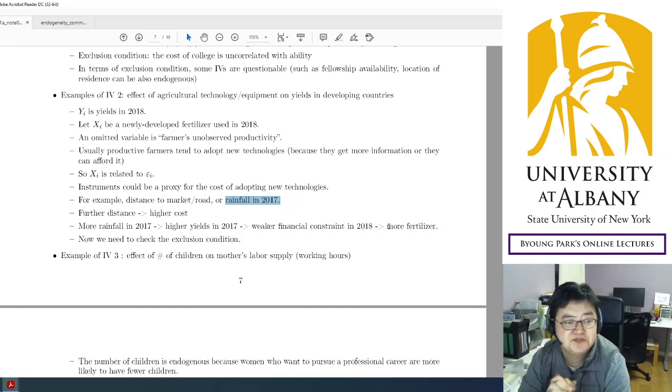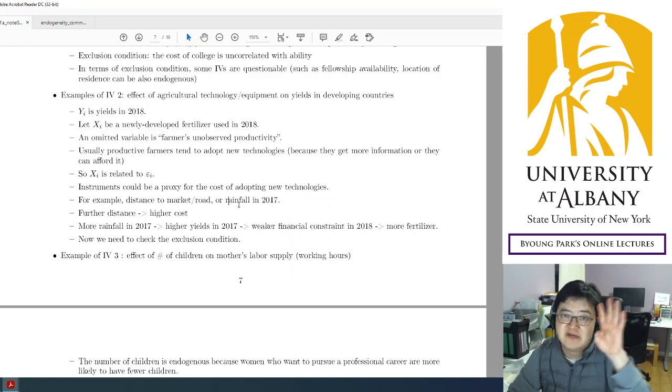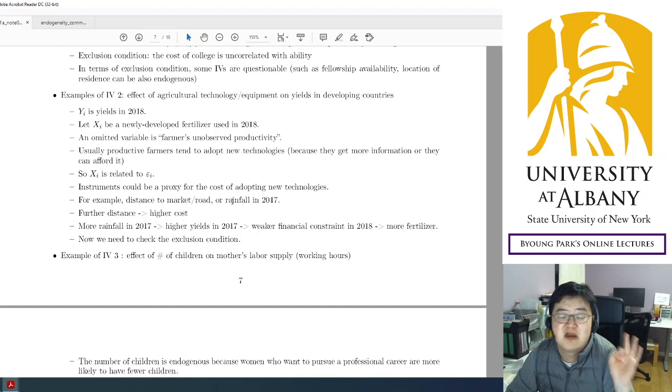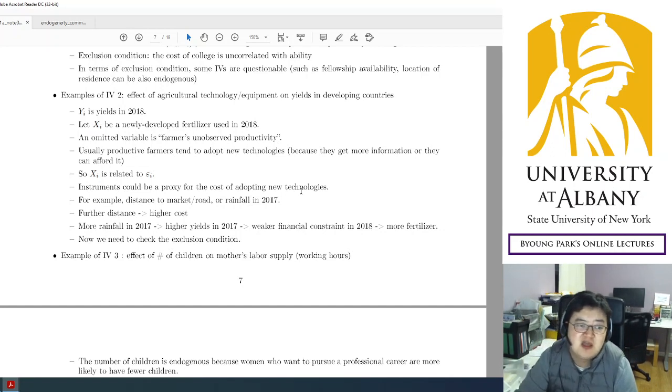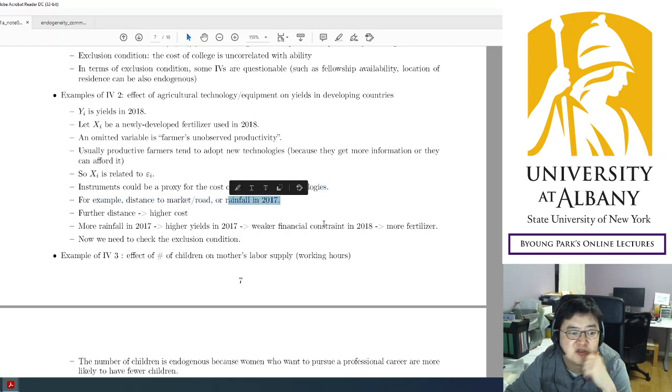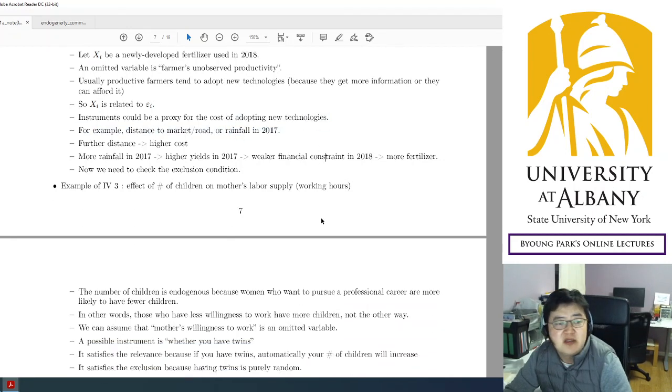That's why I used this, so the rainfall is relevant, and obviously the rainfall is random, right? It's totally random. How much it rained last year is not correlated with anything like your ability or your harvest next year. So the exclusion assumption is also satisfied by this instrument, right?